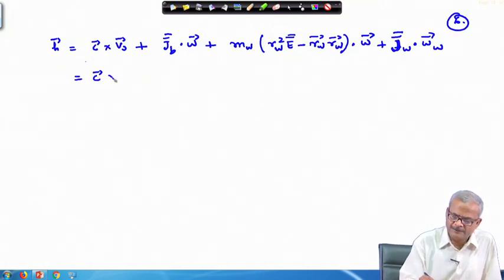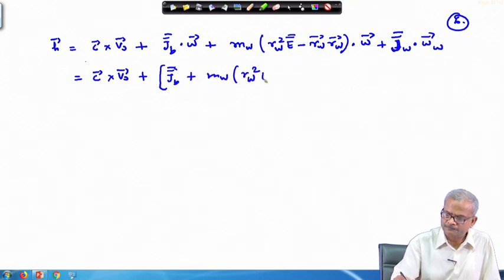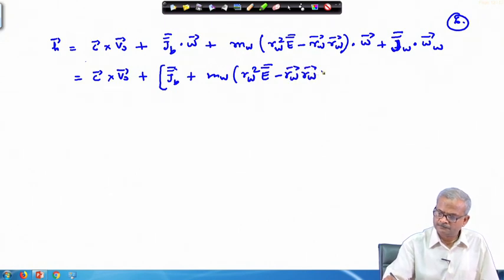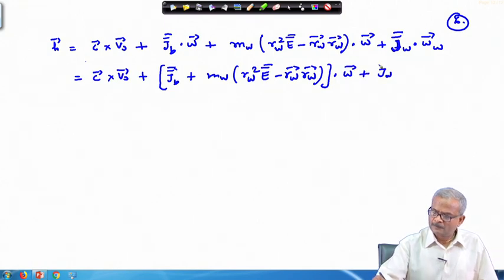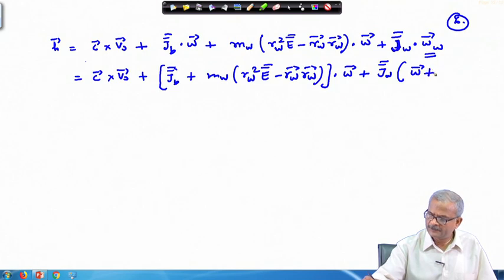Now we can write this as C V 0 plus J B double bar and omega, where omega w is the absolute angular velocity of the wheel. So, this will be equal to the angular velocity of the main body, and with respect to this the wheel is spinning.